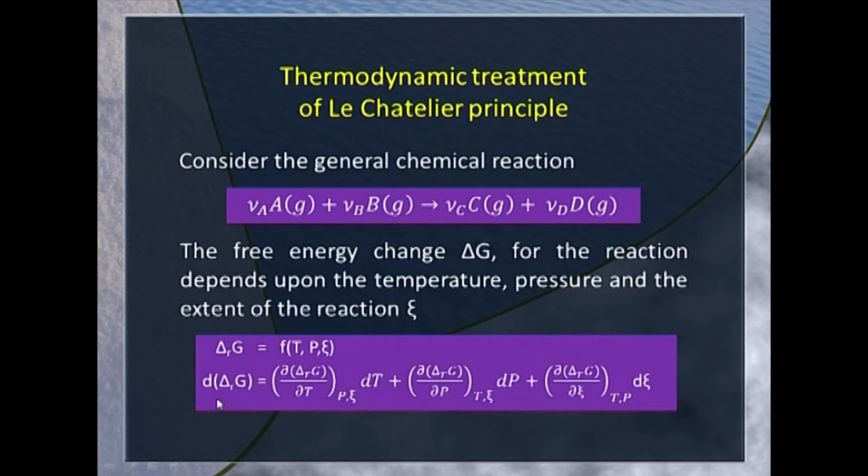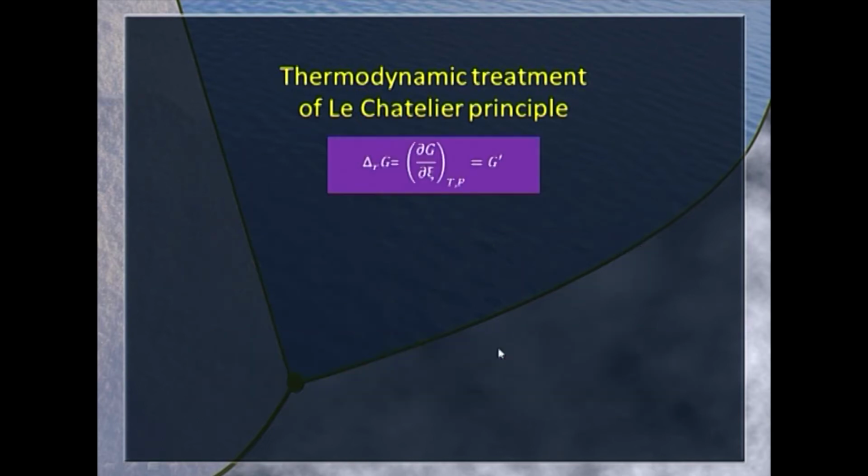If you look at differentiation of this term, it has to have the partial derivative of all the three terms, that is ∂G/∂T at other two parameters constant, and when we do a partial derivative of the second term of G with P and partial derivative of G with xi, which is the extent of the reaction, we are going to get an expression.